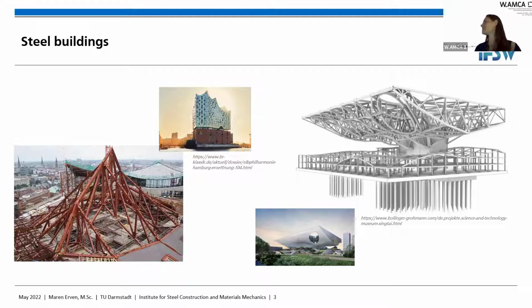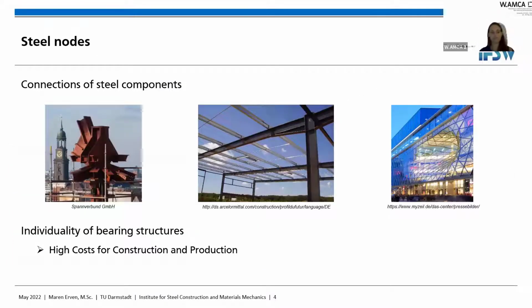But the problem is the nodes which connect these linear components. All the nodes are really individual, and this leads to high costs in construction and production. There's also more material used than we would actually need when looking only at the structural problems. But it's easier to produce, and that's why we do this.